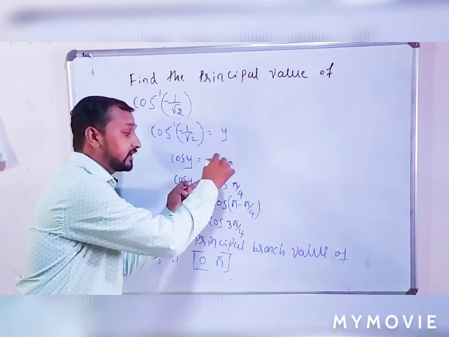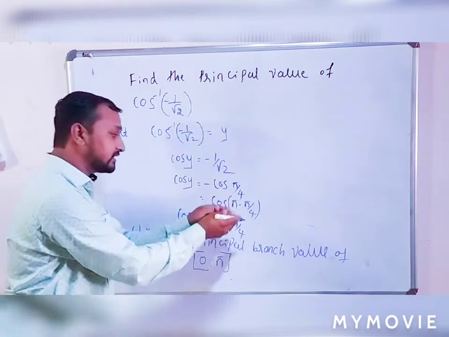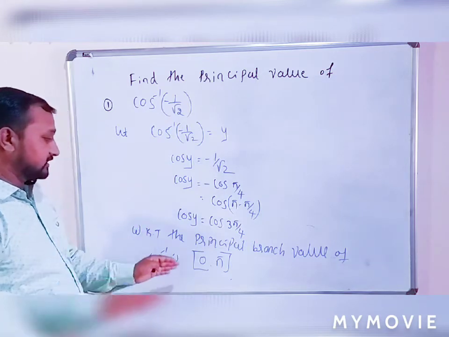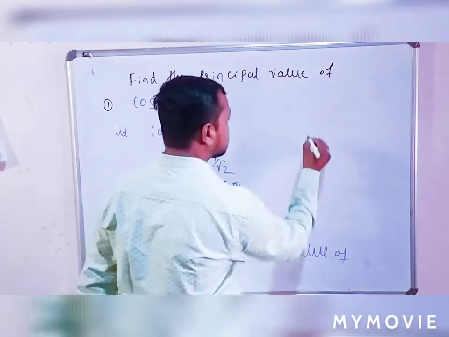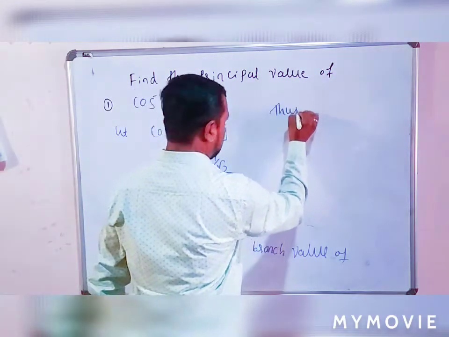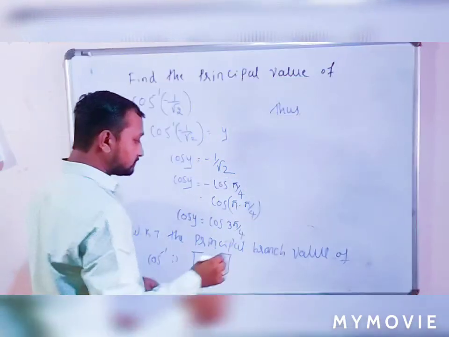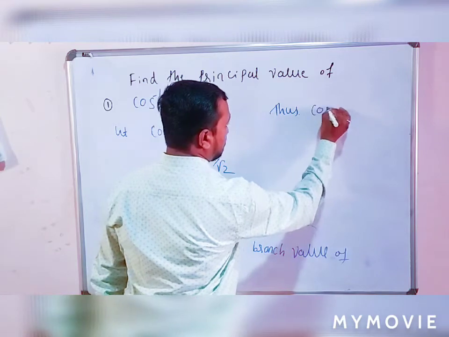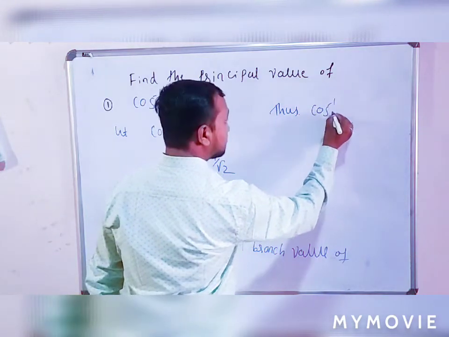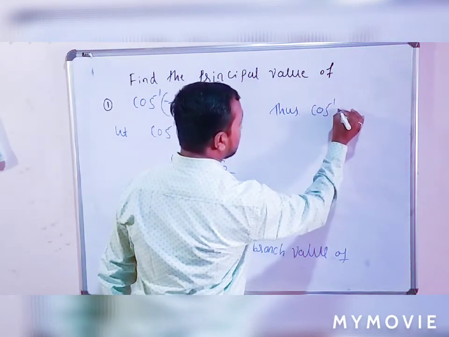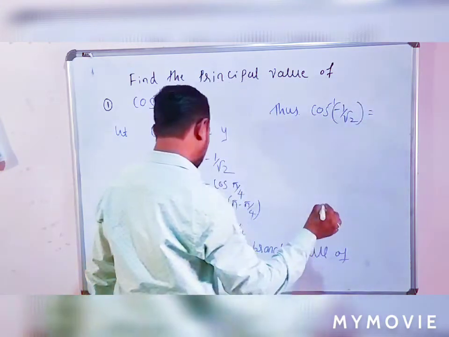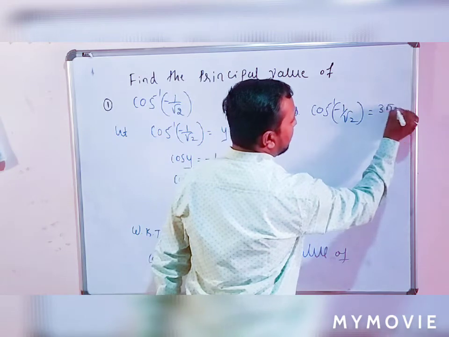The negative angle we can convert into a positive angle by using cos of 180 minus theta. Thus, cos inverse of minus 1 by root 2 is equal to 3 pi divided by 4.